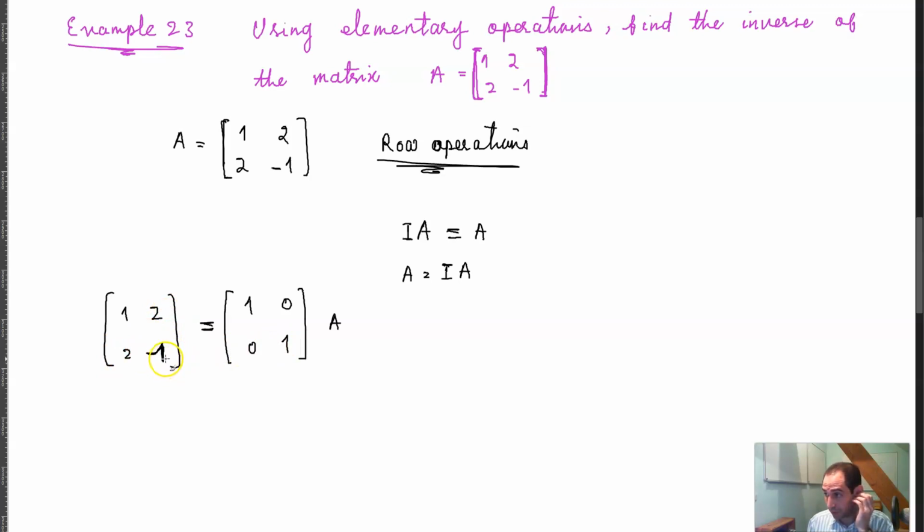Which means that, for example, if I apply R2, these are all different types of transformations that we talked about in the previous video.